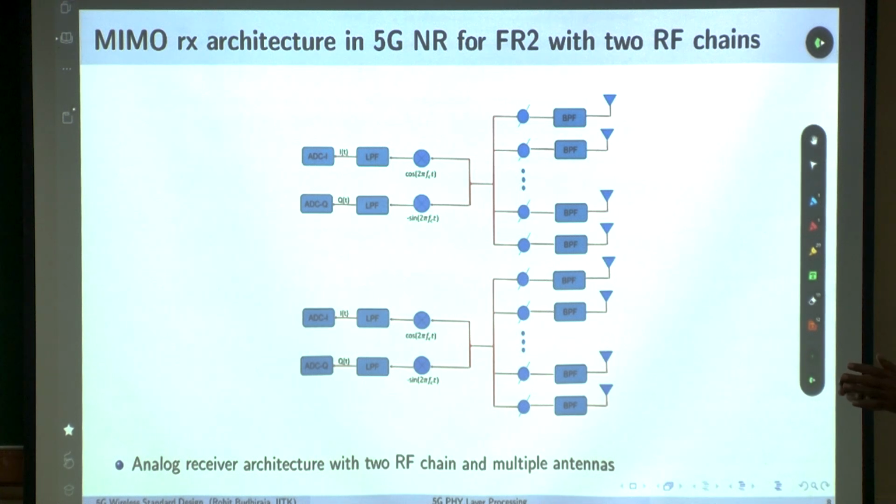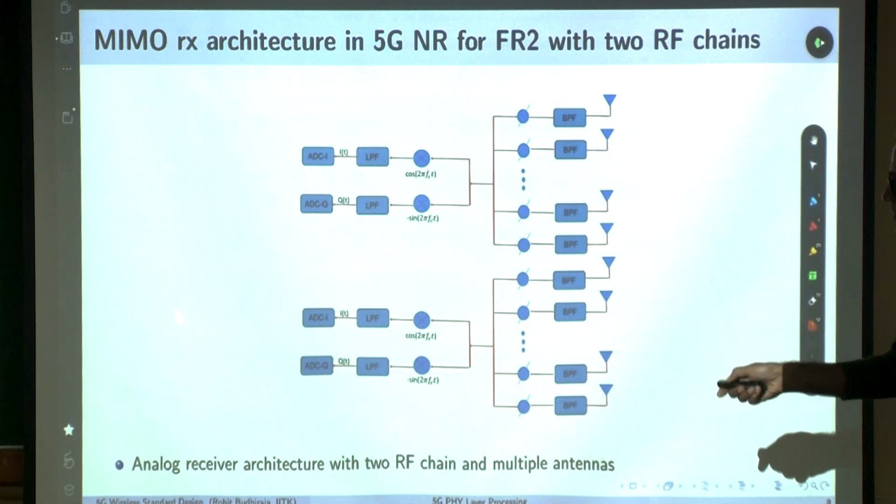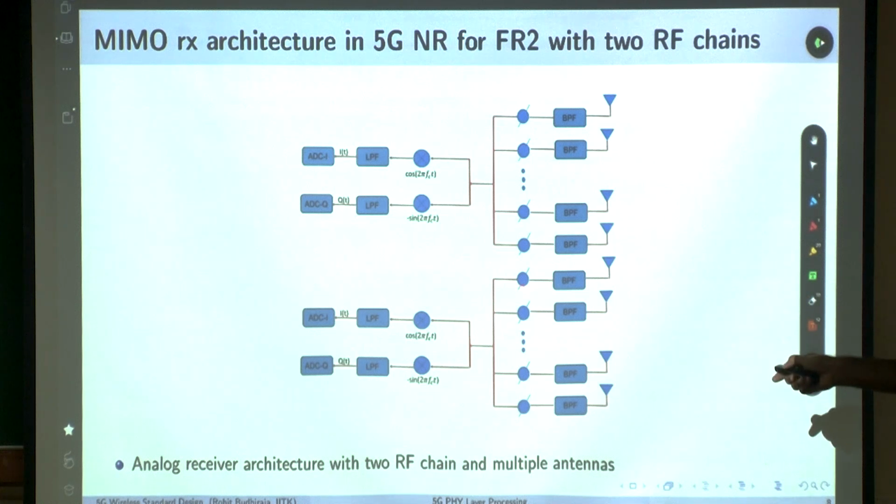So that you could do, because when you connect these antennas, this RF chain is connected to these antennas, and this RF chain is connected to these antennas. You can do something called digital precoding along with what you call analog precoding, okay?